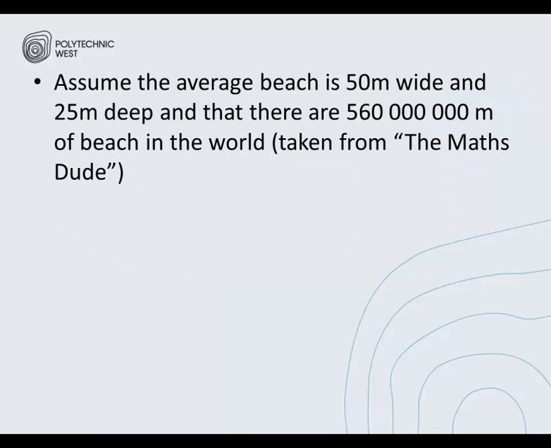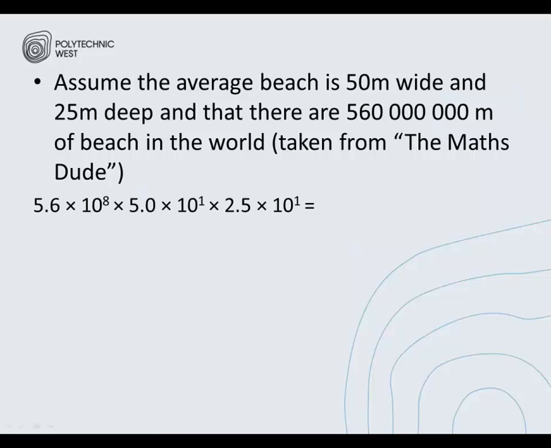So let's assume that the average beach is 50 metres wide and 25 metres deep, and that there are 560 million metres of beach in the world. This is taken from online, where a fellow called the Maths Dude did these estimates.